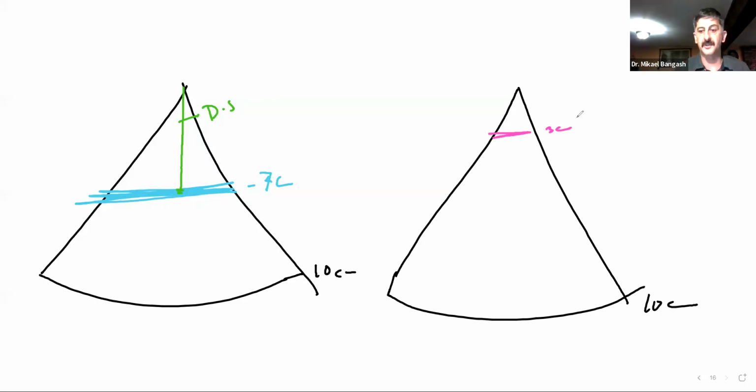You move your transducer, and by doing so you reduce the distance between the transducer and the blood vessel. Please keep in mind, for you to be able to measure the velocity or the blood flow in this blood vessel, the sample window has got to be inside the blood vessel.